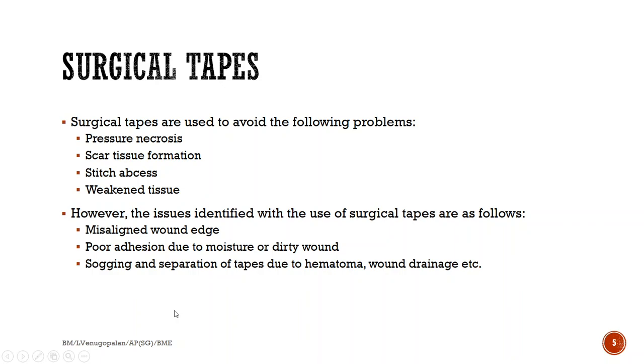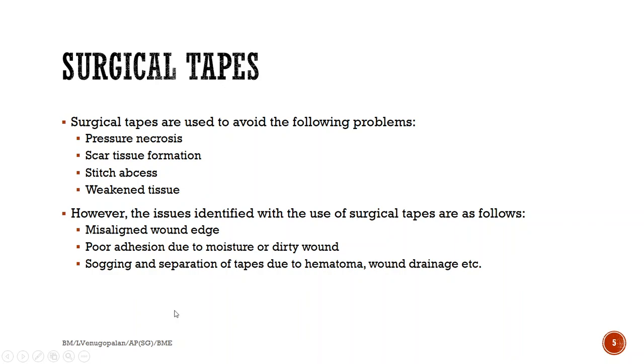Then the stitch abscess can also occur because you have the stitch wound, and infection around the stitches can result in stitch abscess, and the tissue as such might weaken because you are suturing it, you're pulling it together, and it is withstanding a lot of tension. So surgical tapes can avoid all these problems, that is the presence of pressure necrosis, then skin tissue, scar tissue formation or stitch abscess or weakened tissue.